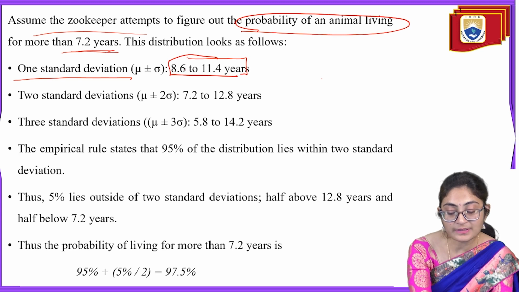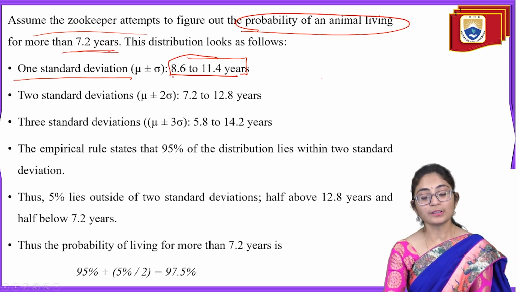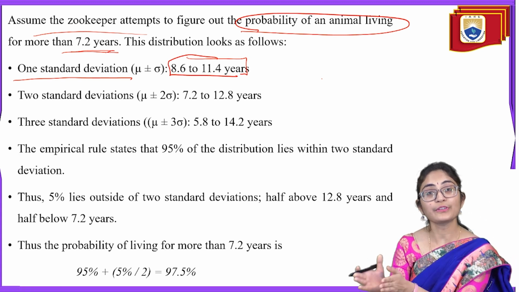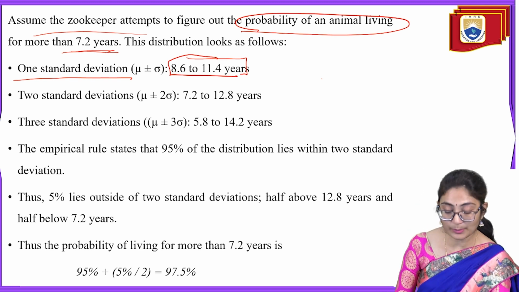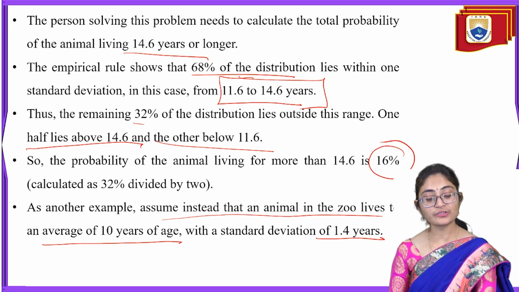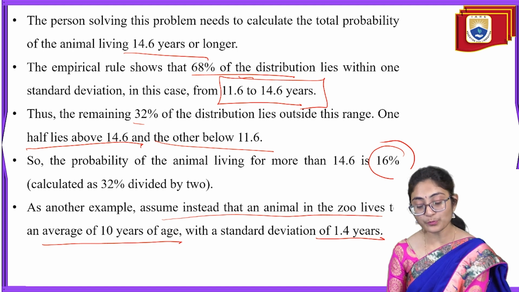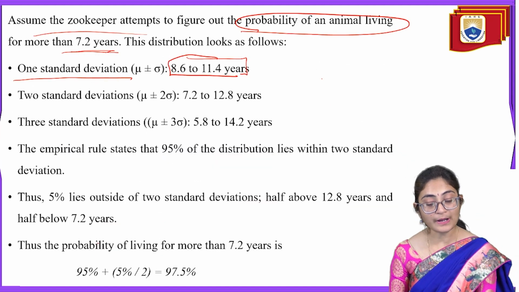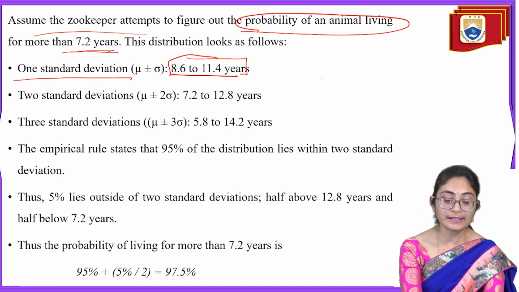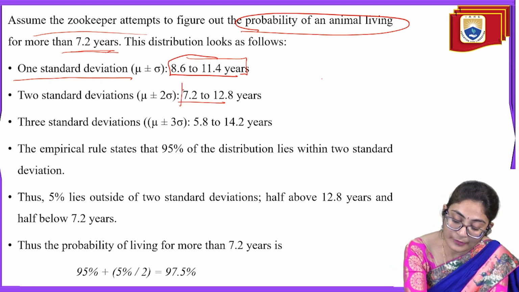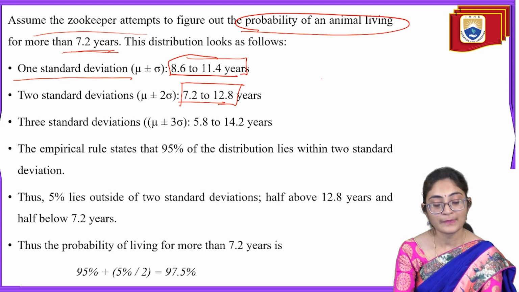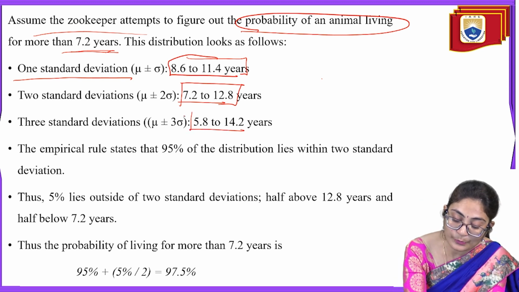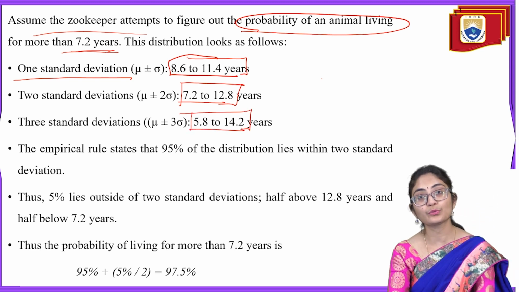So our first range is 8.6 to 11.4. Here you have to put in these values: average 10 years of age and 1.4 years. When you put in these values, you can find these ranges. Then for 2 standard deviation, you get 7.2 to 12.8. Then for 3 standard deviation, 5.8 to 14.2.